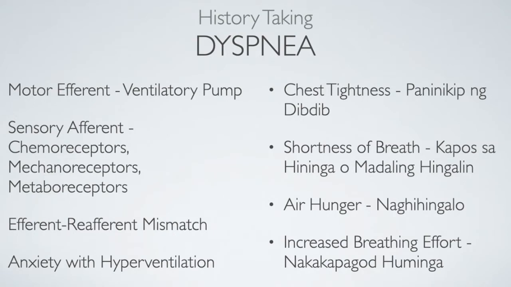So, injuries to the brain, particularly involving the midbrain, traumatic head injury, can manifest with dyspnea. Injuries, of course, clearly to the chest wall will manifest with difficulty breathing. You could have some mismatch between the efferent and the afferent branches of your nervous system.